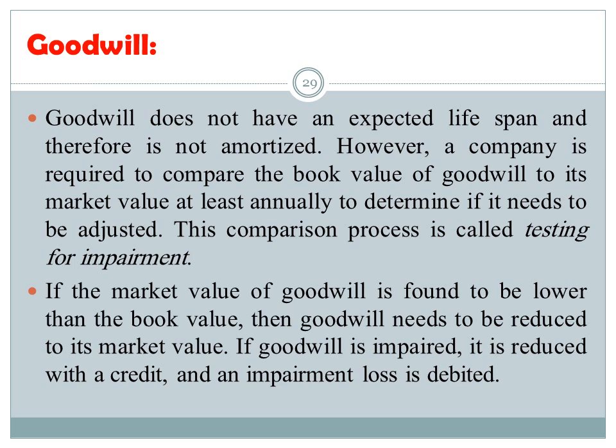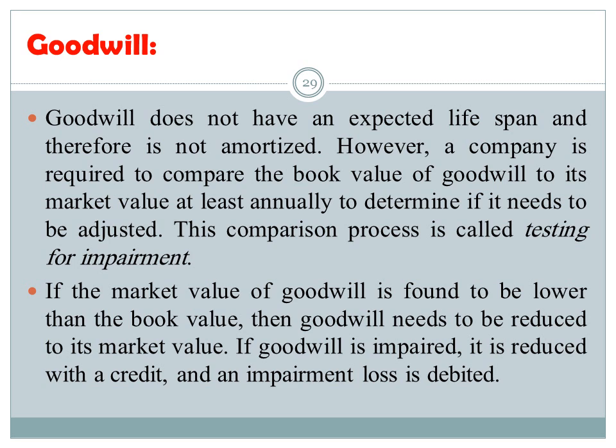Goodwill doesn't have an expected life, as we said in the last slide, therefore isn't amortized. A company is required to compare book value of goodwill to its market value at least annually. This comparison process is called testing for impairment.